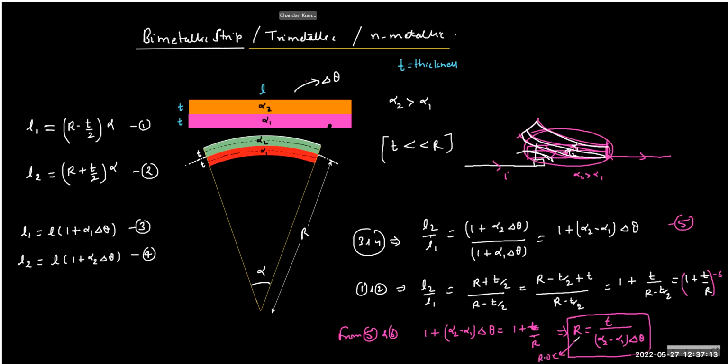This R is very large because the difference between alpha 2 and alpha 1 is very small, so R is actually very large, and that is why the bending is by a few degrees, and the thickness will decide the bending. By keeping it really thin, the bending is very small. And why do we not want a lot of bending?